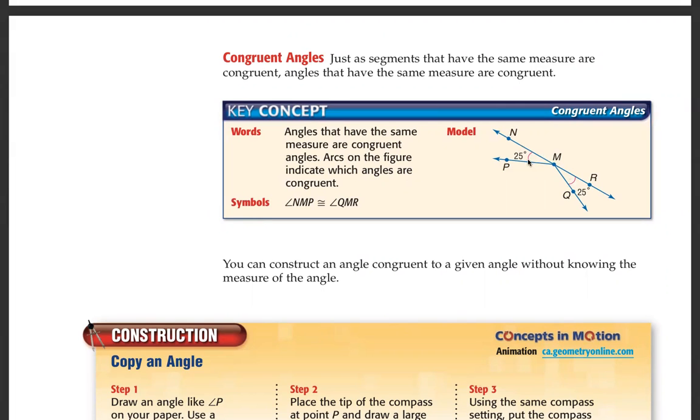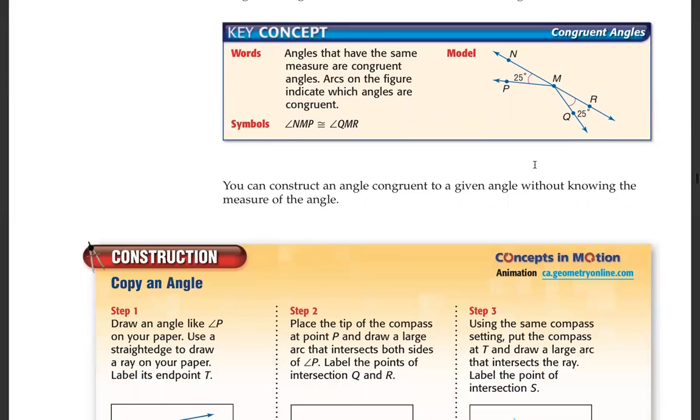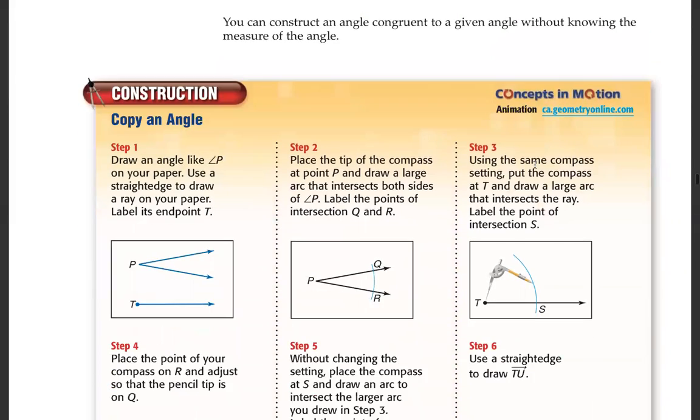So this is congruent to another angle that has a single curve, which is angle QMR. Sometimes you see a figure where some angles have a single curve, some have double curves, some have triple curves. So you pair it to the one which has the same curves on it.